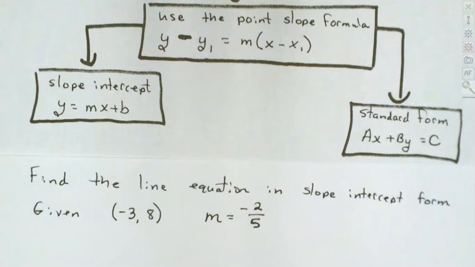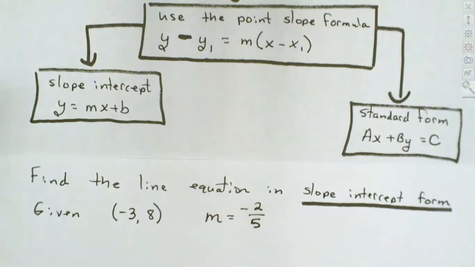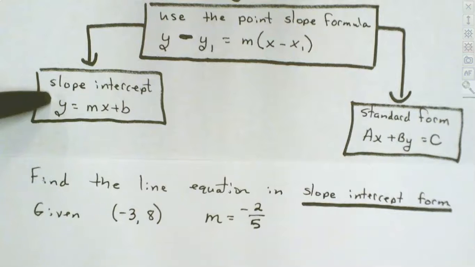Now, how do we express our answer? Well, we need to express our answer in slope-intercept form, right? So we need to make sure when we work these out that we answer them in the correct way. So our answer is going to look eventually like this. Okay, y equals mx plus b.